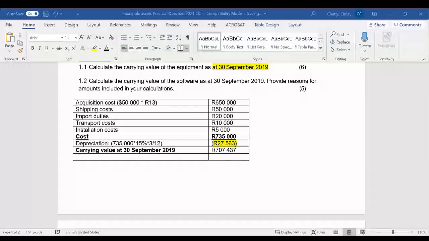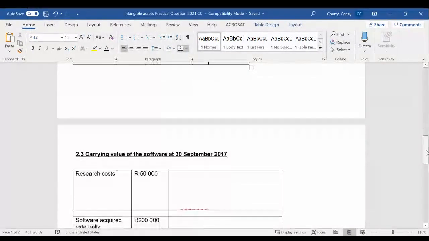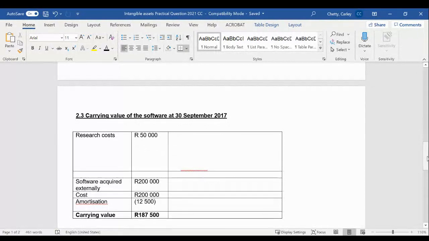Okay, so let's move on now to the next required. It says calculate the carrying value of the software at 30 September 2019. Provide reasons for amounts included in your calculation. So let's go to our calculation here. We need to decide now, should these research costs be included in the cost of the software?